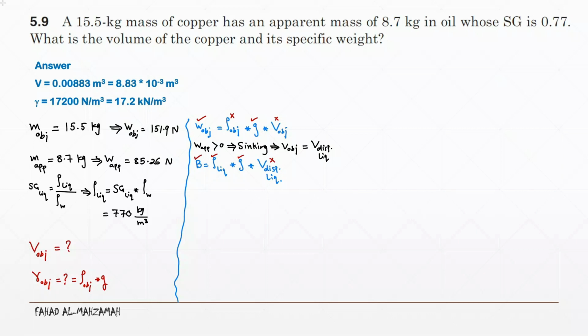The buoyancy can be found from the apparent mass formula. Okay? So now we can say buoyancy is the difference between the weight of object and the apparent weight. So weight of object minus apparent weight. Okay, so weight of object is 151.9 Newton.